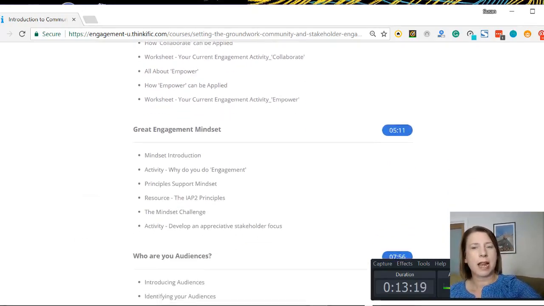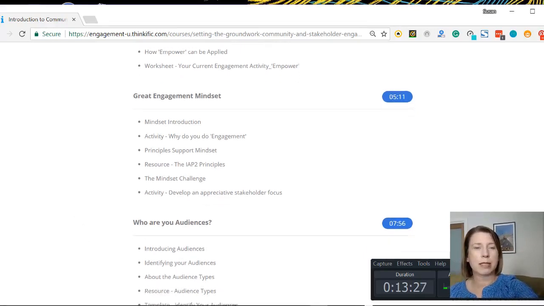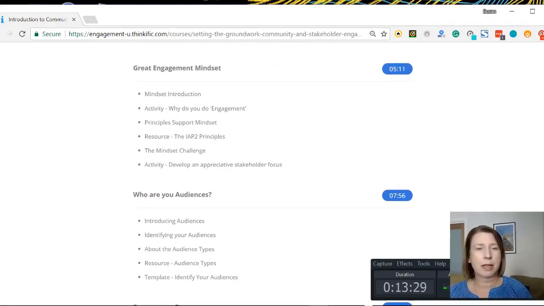And there's an area about great engagement mindset, and there are activities and resources in there for you to both use and keep to develop that engagement mindset. This one, develop an appreciative stakeholder focus, is something that you can do again and again and just practice again and again to make sure that when you're viewing your stakeholders, it's from a very appreciative area.